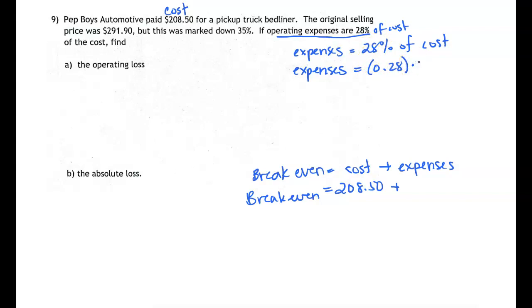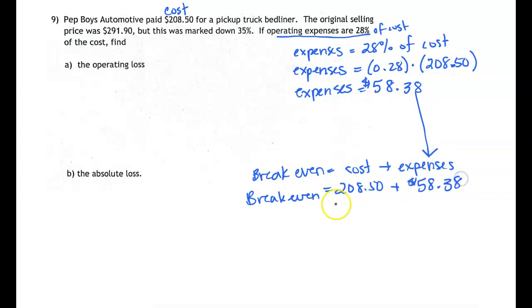Of is our multiplication, and the cost was given to us of $208.50. Multiplying, we find expenses of $58.38. So now I can put that down here in the expenses part. To find our break even, take our cost plus our expenses, and that gives us a break even amount of $266.88.